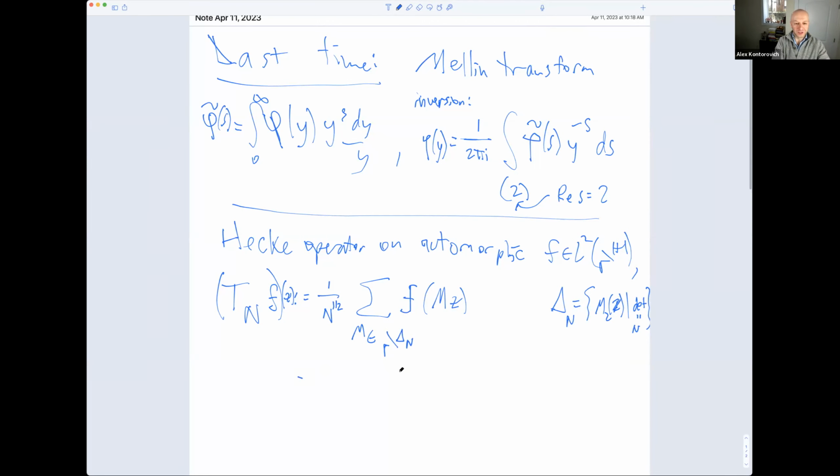And we had a fundamental domain for this quotient, which meant that we could write this as a sum. So Delta_n mod Gamma looks like matrices of the form (alpha, beta; 0, delta), where alpha times delta is n and beta runs mod delta. So this is a sum over alpha times delta equal to n, a sum over beta mod delta, f of (alpha z plus beta) over delta.